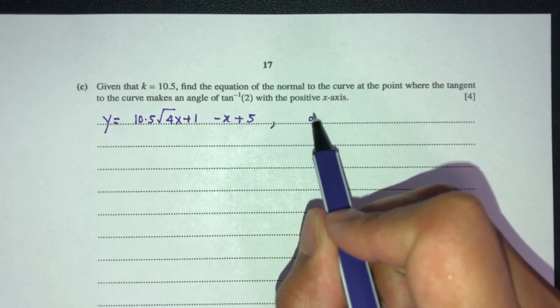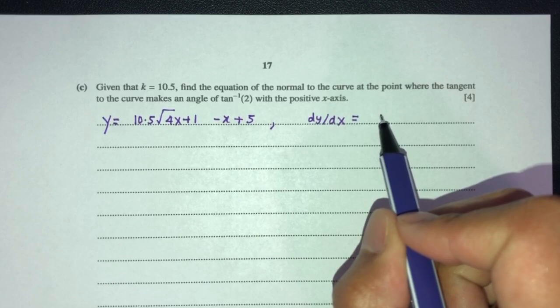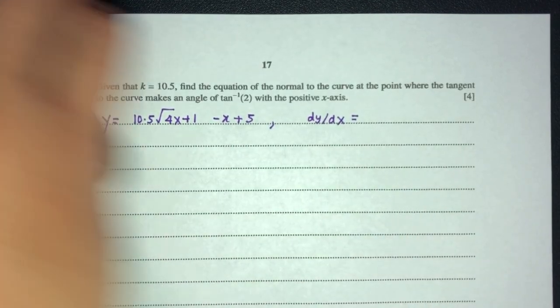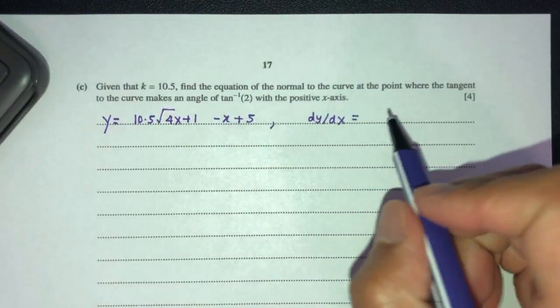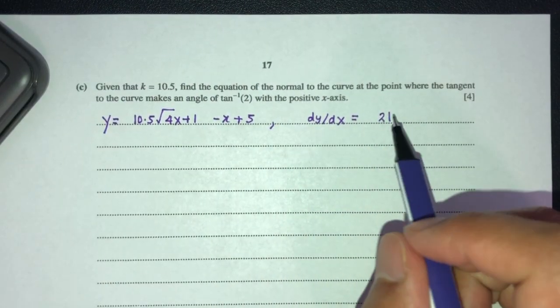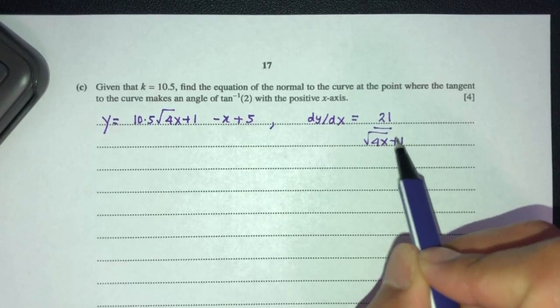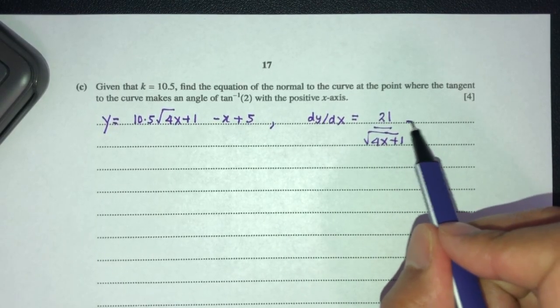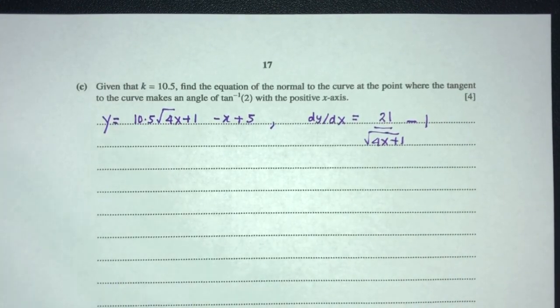Also, we derived dy by dx to be 2k, 2 times 10.5, that will be 21, over root 4x plus 1 and then minus 1. This is your dy by dx derived from part A. So let's see what can we do here, or what can we use to find the answer.